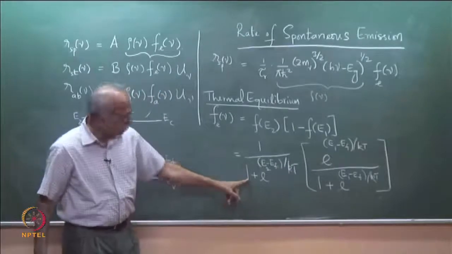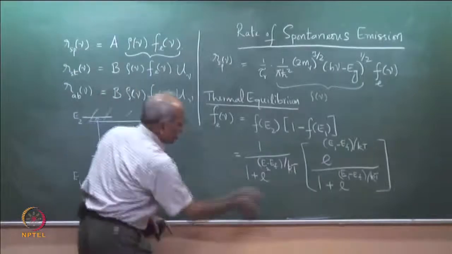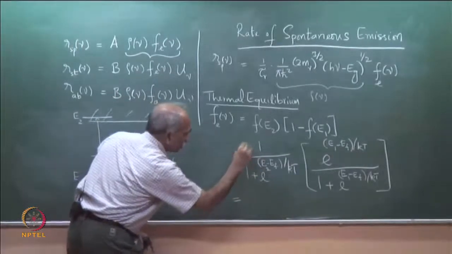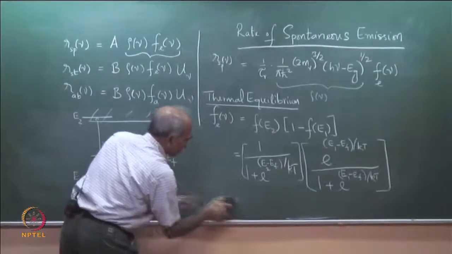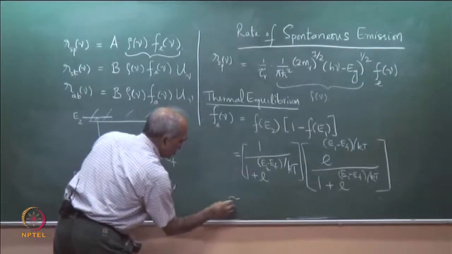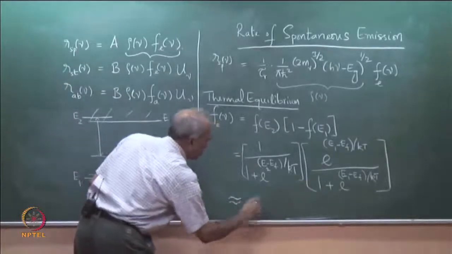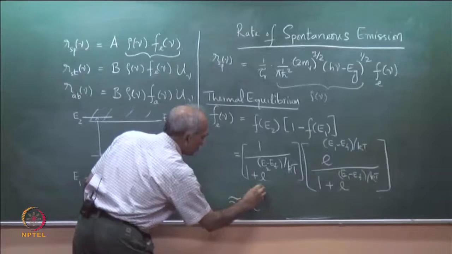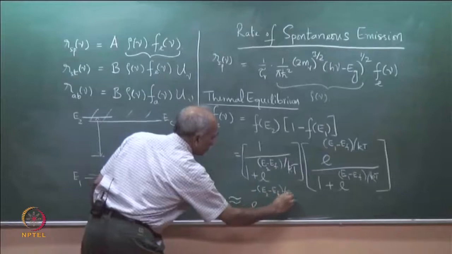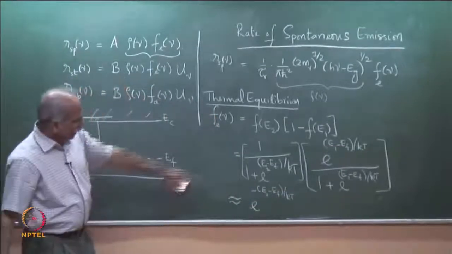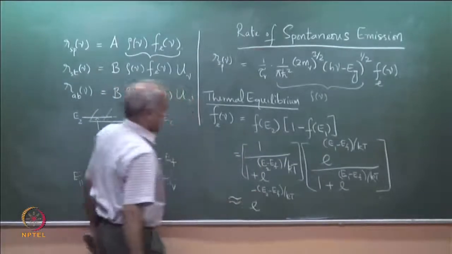So, I can neglect 1 with respect to e to the power of a large exponent, which means the first term here is approximately equal to e to the power minus (E2 minus EF) by kT.